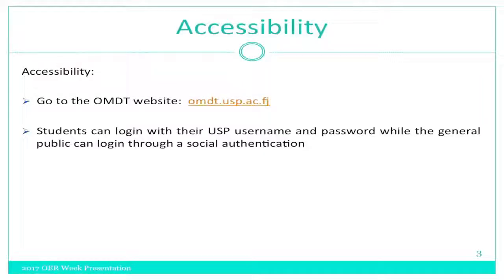So OMDT is there to help them, to support them in their mathematics. Okay, how to access the OMDT? You can access the OMDT by going to the OMDT website, omdt.usp.ac.fj. Okay, students can log in with their USP credentials, while anyone else can log in with social authentication.